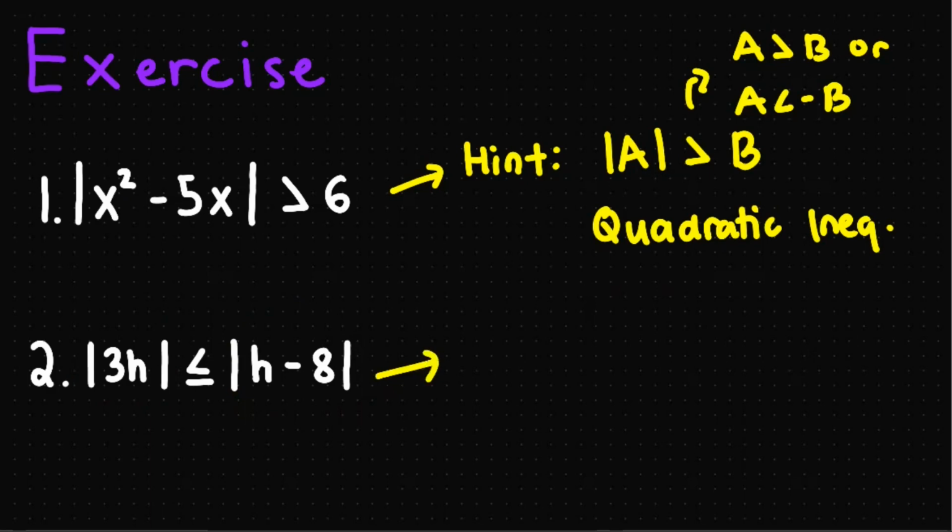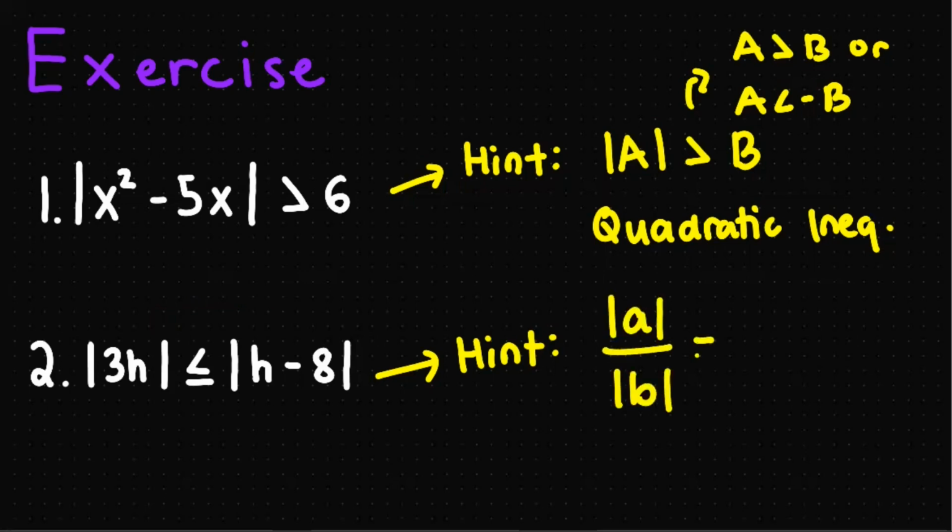What you can do here is move one of these to one side, and take note that the absolute value of A over the absolute value of B is equal to the absolute value of A over B. So something like this. And you can apply the cases that we have in this video.